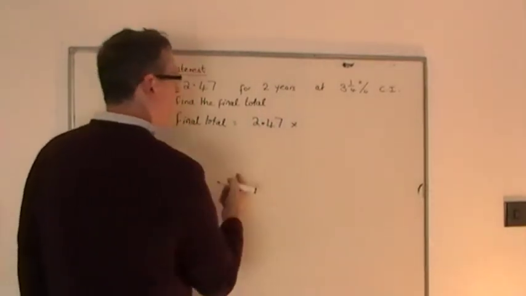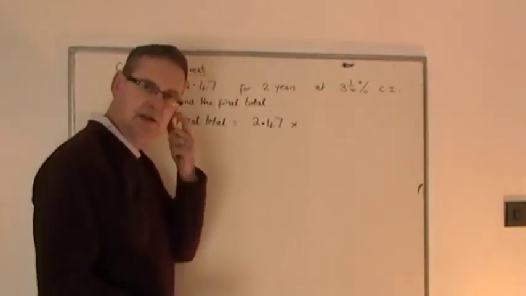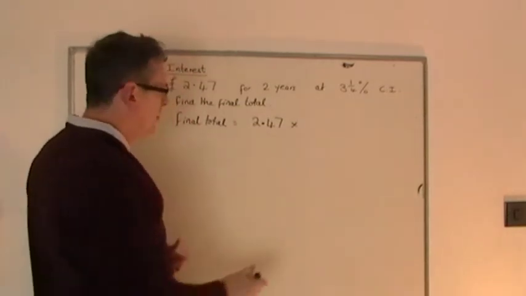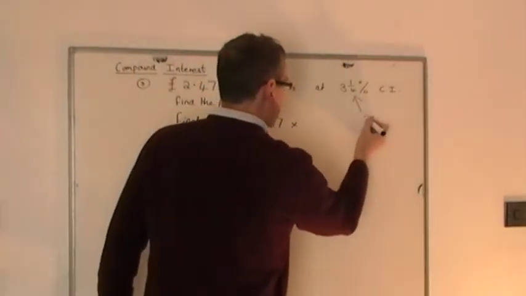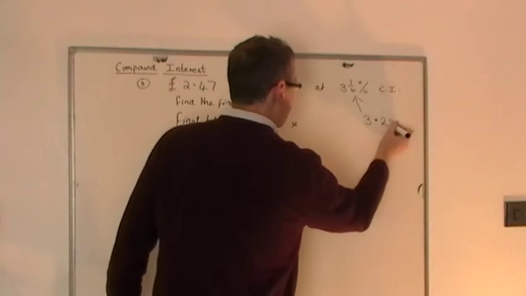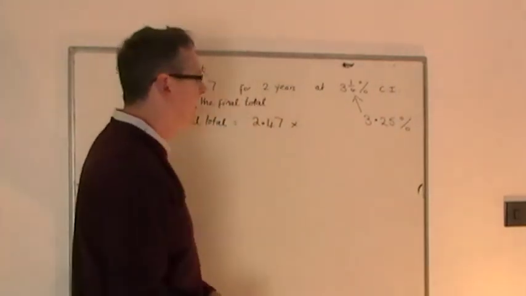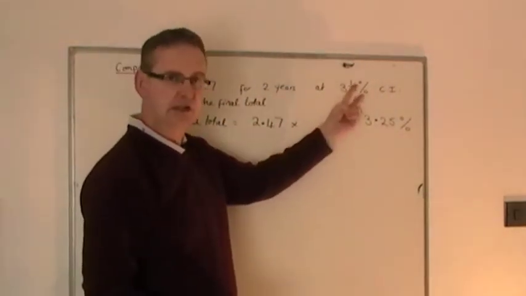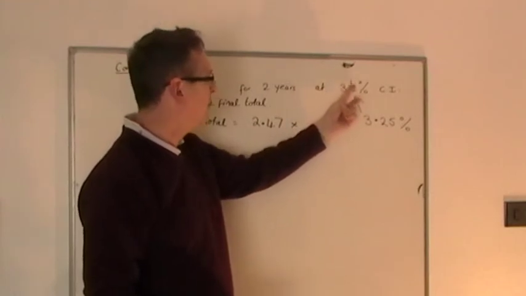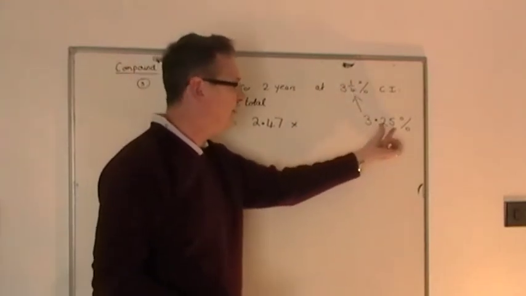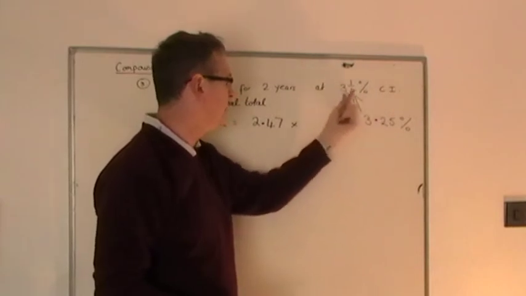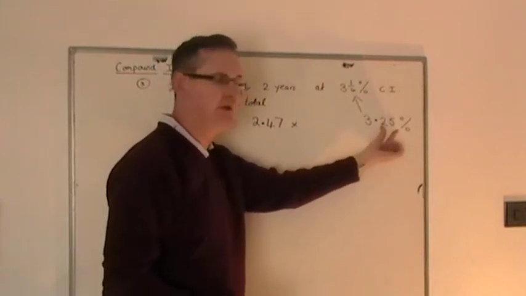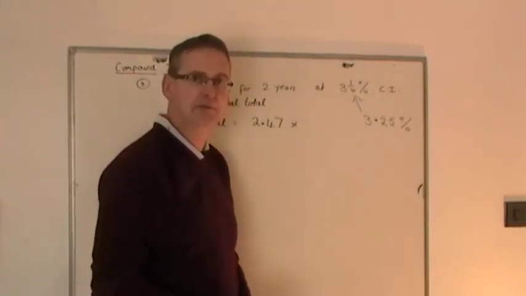So the final total will be, you take the £2.47, and if you want to do a 3.25% increase, well, if you're not sure, you could reach for a calculator and say 1 divided by 4, and you get the 0.25 on the end. So you've got 3 plus a quarter, 3 plus the 0.25, 3.25%.